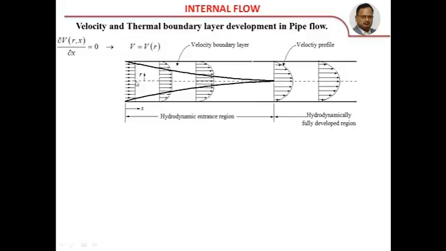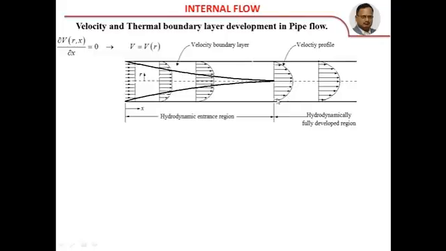But as we move, you can see that the point where the velocity attains the free stream velocity rises up. So the velocity profile at the entrance is almost a rectangle, just slightly blunt, and then a rectangle, and then a curve. But here the rectangle portion is very low, and the remaining is a curved one.